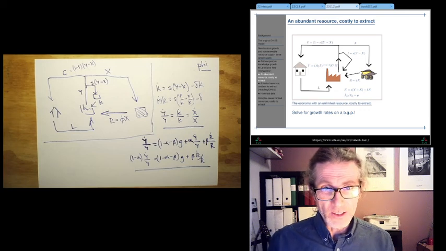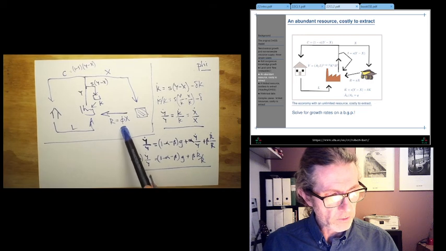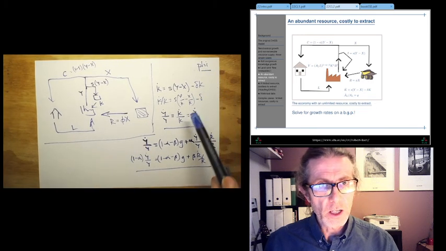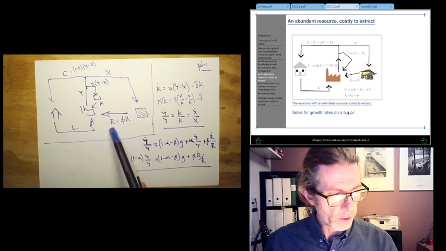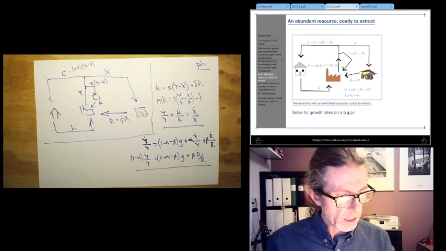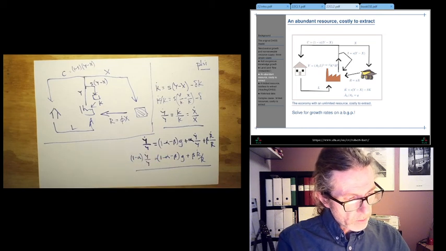The answer is here, isn't it? R is phi times X. Phi is just a constant, so R dot over R is X dot over X. X dot over X is K dot over K is Y dot over Y.